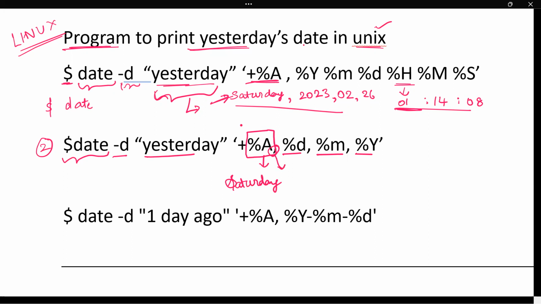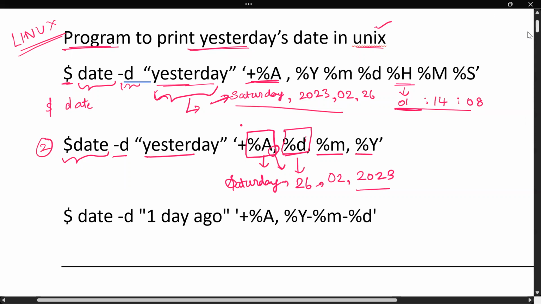This comma will get printed whichever we give with this percentage symbol. It will print the date, month, and year, comma, month in the sense 2, and 23, 2023. So this is how it will get printed.